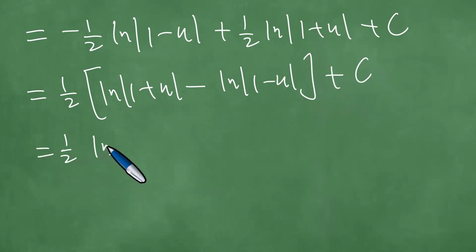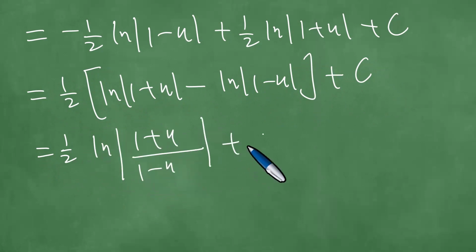And this is 1/2 the natural log of 1 plus u divided by 1 minus u plus c, like this. Now, at this point, it is very clear that we have the following, and we need to recall, right?